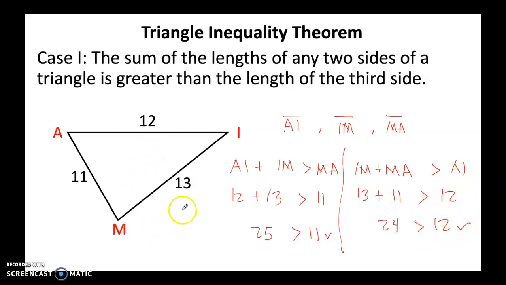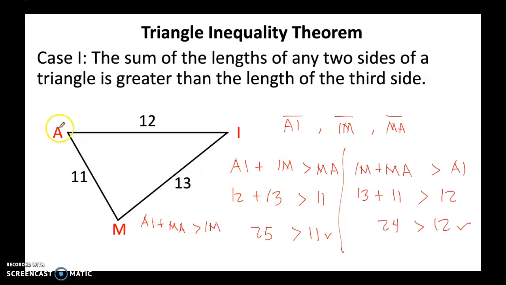Let's try the last combination for the triangle. Let's see if this is correct in all forms. If we add the measure of segment AI plus the measure of segment MA, it should be greater than the measure of segment IM.